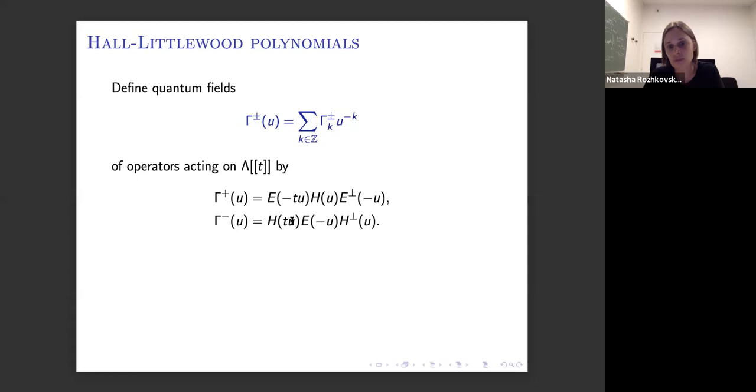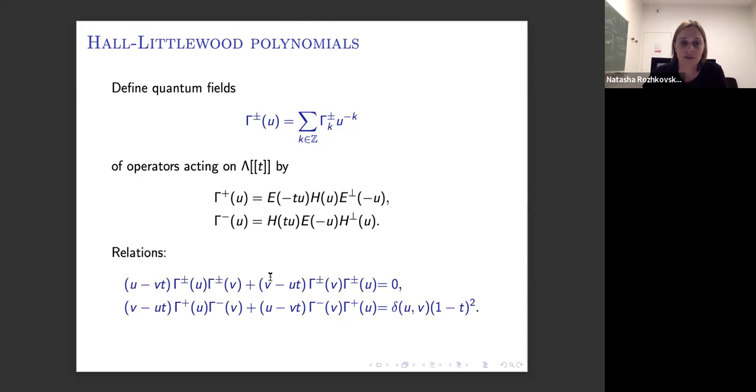And let's do a similar thing for the other one. So let's consider these two quantum fields of operators acting on symmetric functions, but now we look at power sums in some variable T. And one can prove commutation relations between these quantum fields. Now they are not that nice, but still quite manageable.